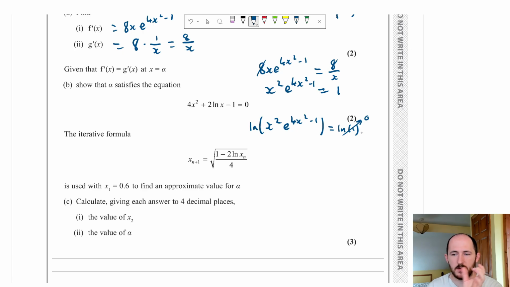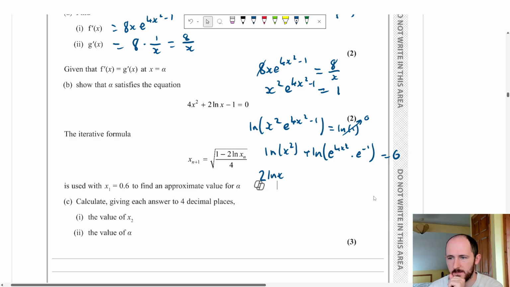Now, when you have two things times together inside the bracket, you can separate it using the addition rule. x squared, do I want to separate that yet? I'll do it as 1 and then I'll explain in a second. I'm going to separate the second thing by making it a times e to the 4x squared minus 1 equals 0. That becomes 2 ln x, which is where you get the 2 ln x from here.